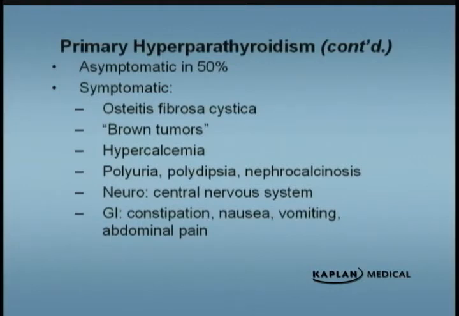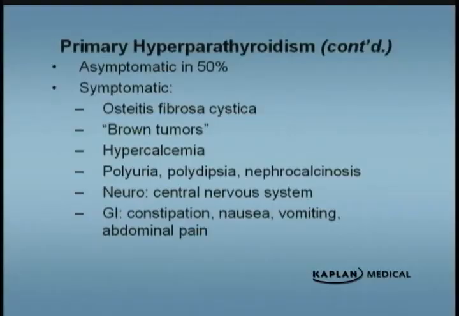So it really tells you the essence of the disease, that 1 out of every 2 cases are so mild that they're totally asymptomatic. So generally this disease is mild, much more benign than the one related with malignancy, of course. In about 50% of the cases, these patients have symptoms.